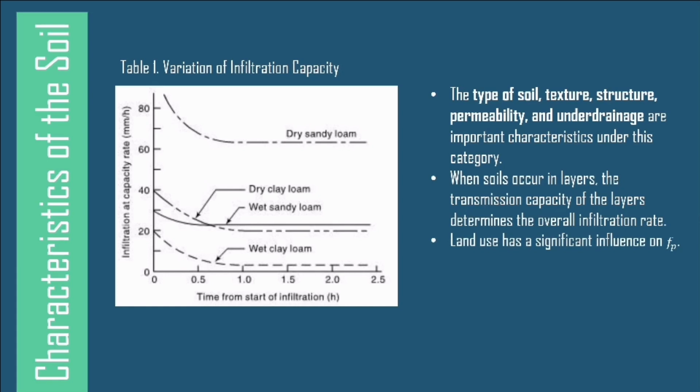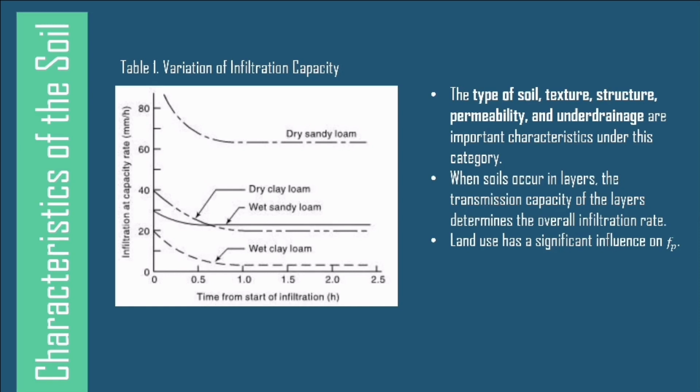We can also see in this figure the typical variation of the infiltration capacity of a soil with time. For example, makikita natin na ang wet clay loam ay merong high infiltration capacity sa una at bumabawas ito as time progresses.